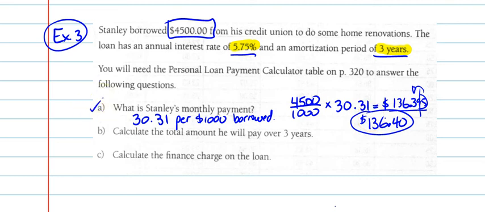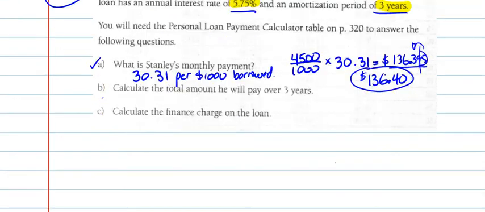Okay? So now it asks for B, calculate the total amount he will pay. And don't forget, it's over 3 years, right? That's part of the question. I'm outlining that because it tells you in this question, but it doesn't always say that. It'll say, what's the total amount he'll have to pay back? You'll have to go back and look what the time is. So 3 years, well, this is our monthly payment.